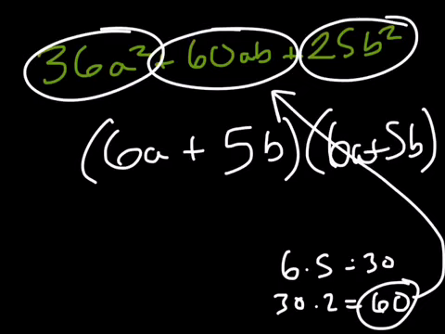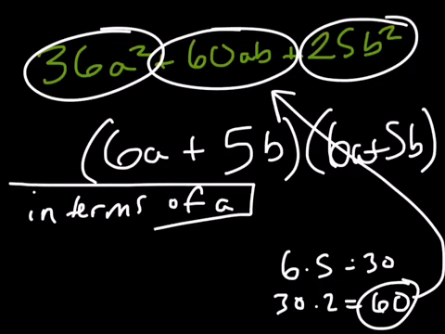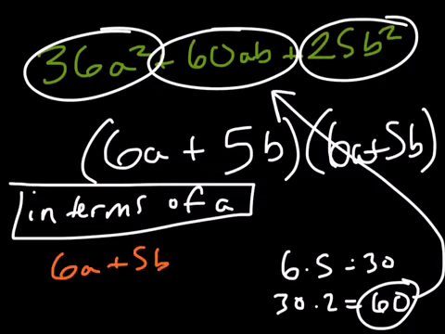Now solving this one would be a little different because we have 2 variables, so we can't really find one answer, like one number that this is equal to or the solution is, but we can solve it in terms of one of the other variables. So, for example, we could solve this in terms of a. So what would that mean and how would we do that? Well, that just simply means that we're going to solve it for a. So we take that 6a plus 5b and we get a by itself.